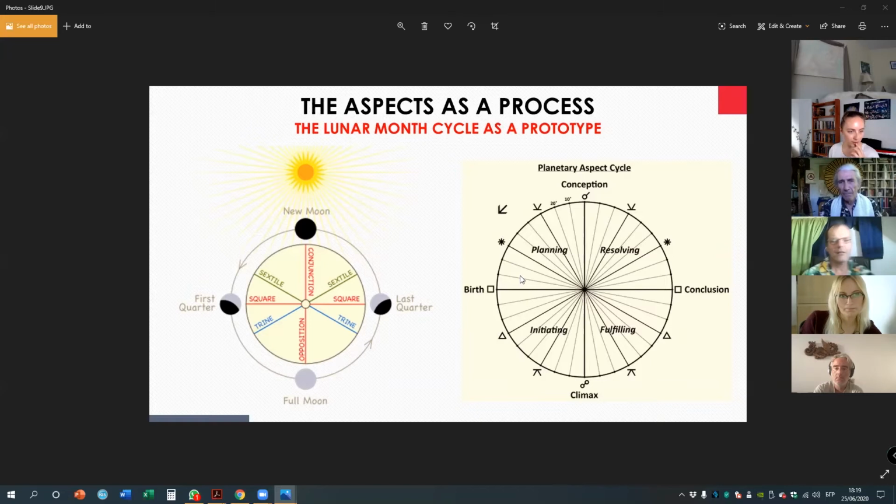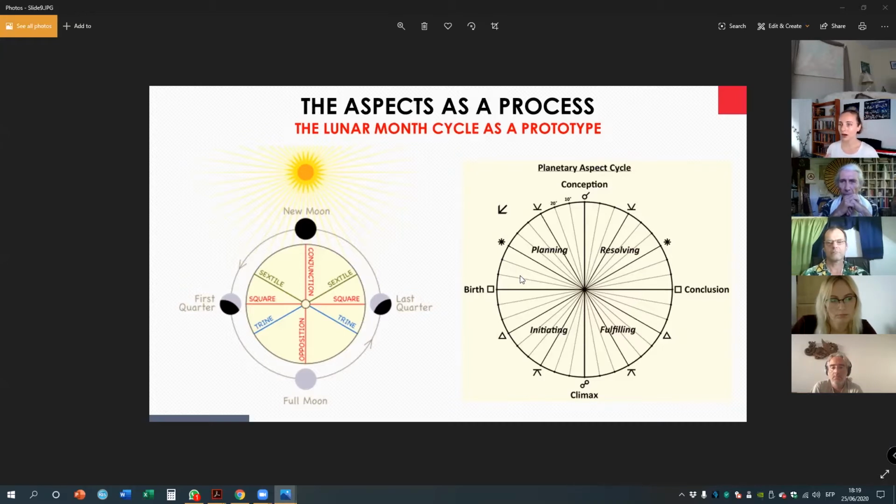So Gabriela is asking in the chat, would this apply for moon conjunct any planet or just moon conjunct sun? So Gabriela, it doesn't matter which two planets we pick. This is an archetypal process, which can be applied to any two planets traveling together. You can pick from the chart the moon with Jupiter or the moon with Saturn or the sun with anything, really.